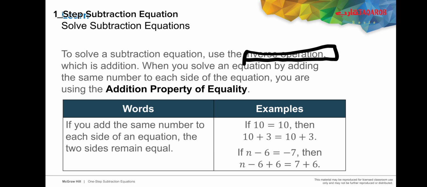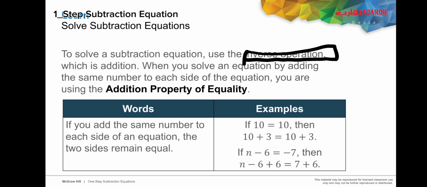Now, if n minus 6 equals negative 7, and this is an equation, and I want to get rid of negative 6, what I will do is add number 6. When I add 6 to the left side, I should do the same to the right side. So for negative 7, I will add 6.